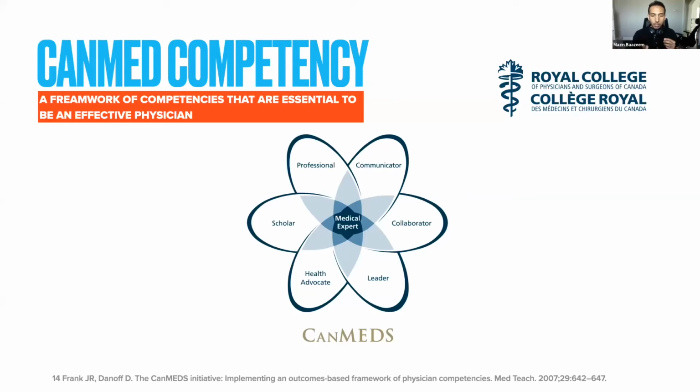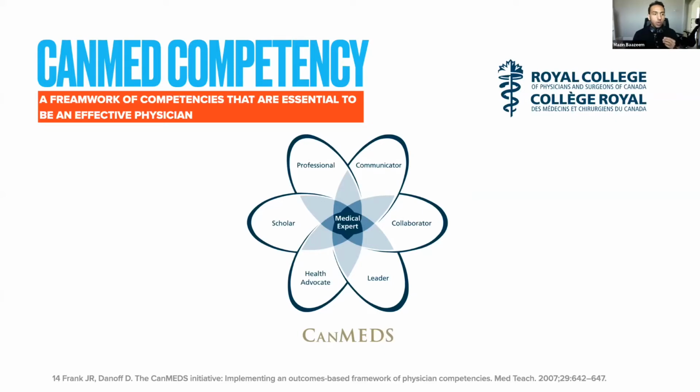These roles intersect with each other, so you cannot have one of them separated or not integrated into the process. The CanMEDS roles are the most widely accepted framework of competencies around the world, and many countries, such as Saudi Arabia, follow them.